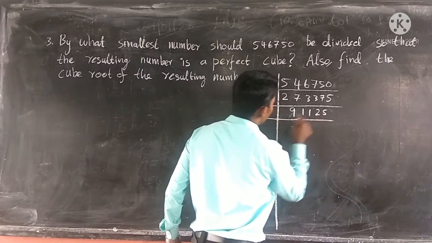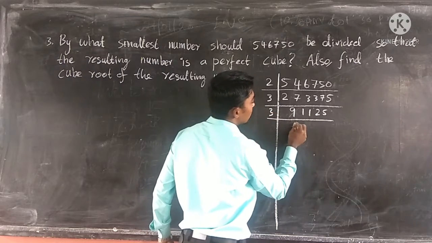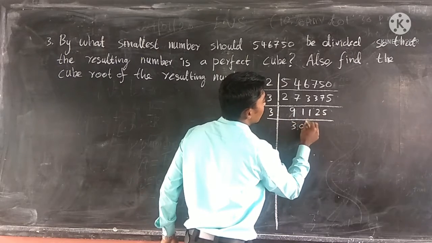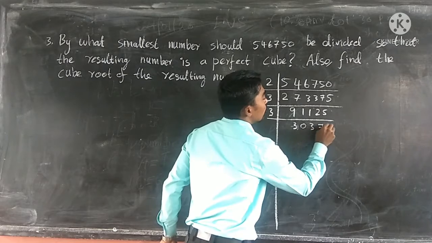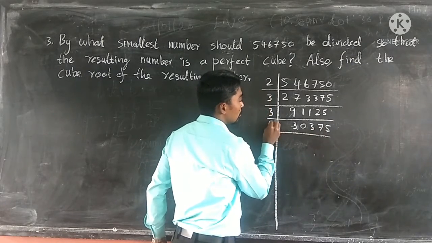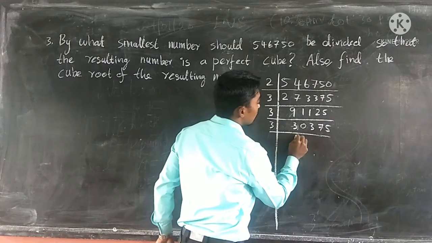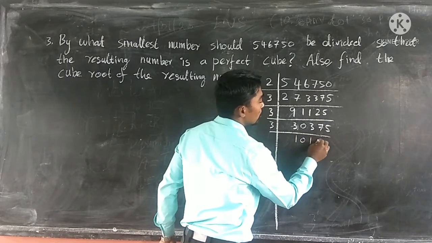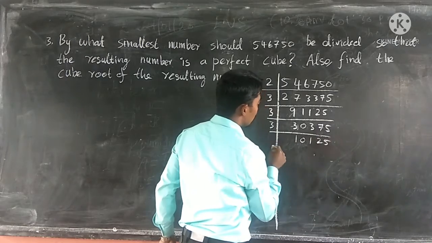We can divide this number by 3, we will get 30,375. We can divide this number by 3, we will get 10,125.